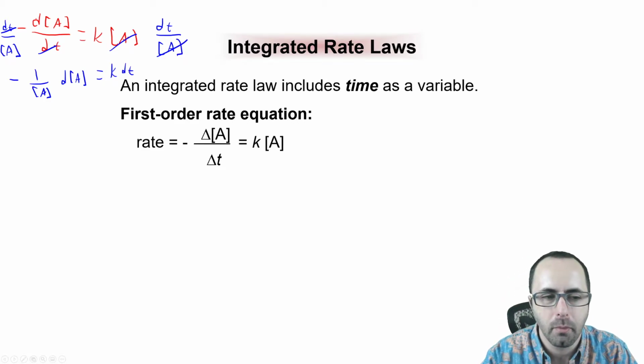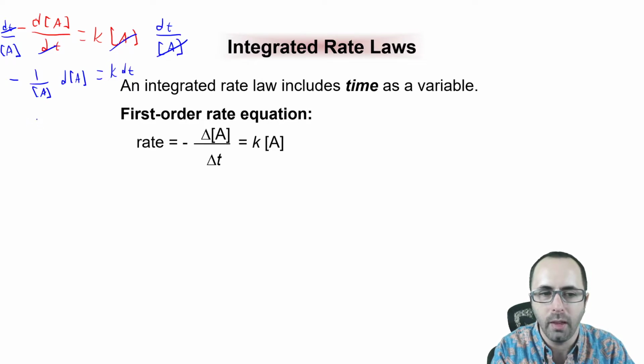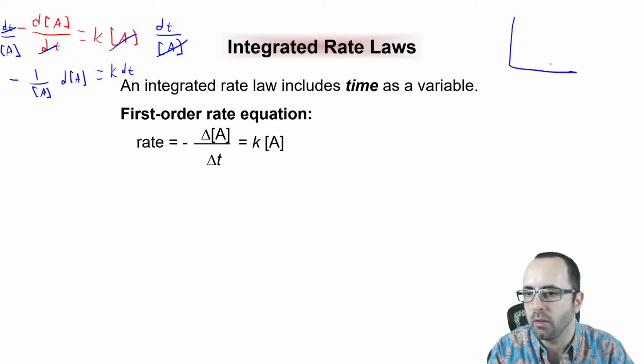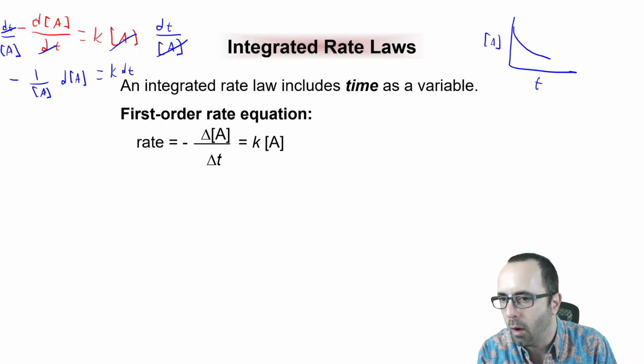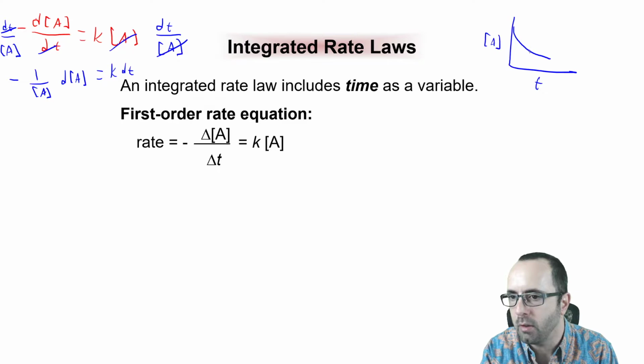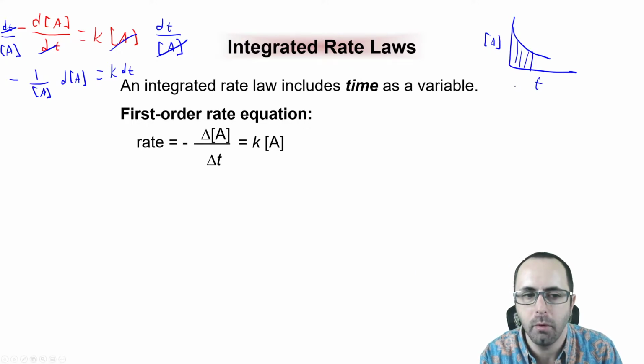All right, now what we're going to do is a process which is called integration. If we want to know how much is left at a certain period of time and how much has been used up, we need to add up everything that's happened beforehand.